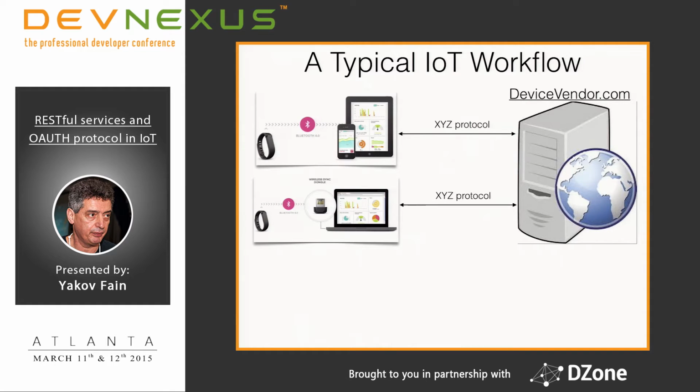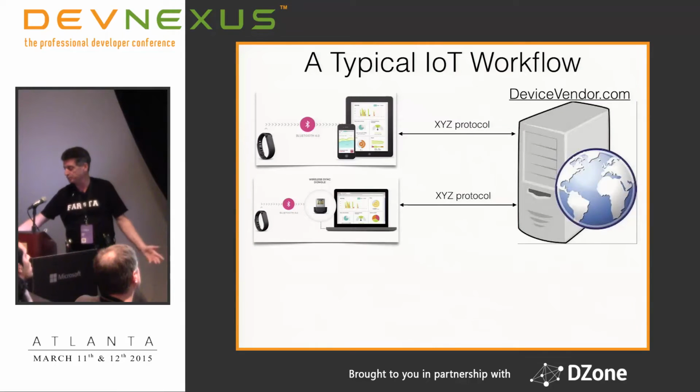So the point is, over here they use Bluetooth between their device and your smartphone or a computer, and then somehow using, I put it, XYZ protocol, the data goes to their server. So technically this is what they sell. And then you can go to a website and log on to your account and check your measurements and everything. This is a typical situation.